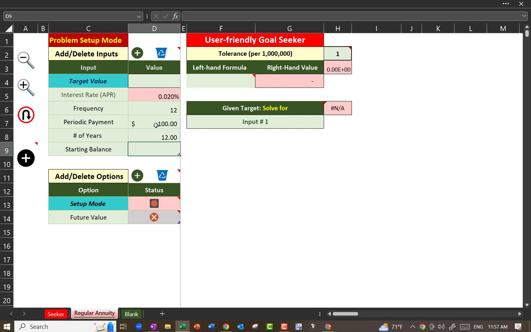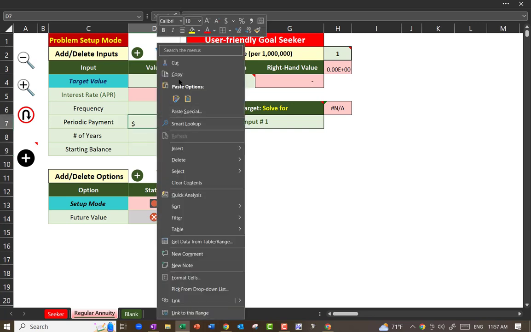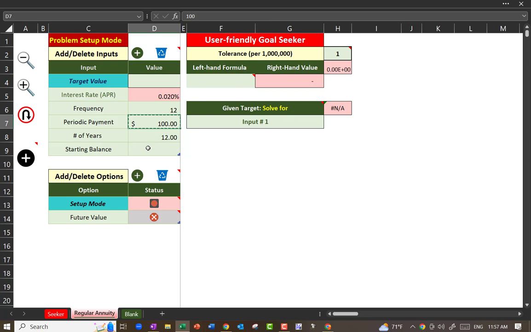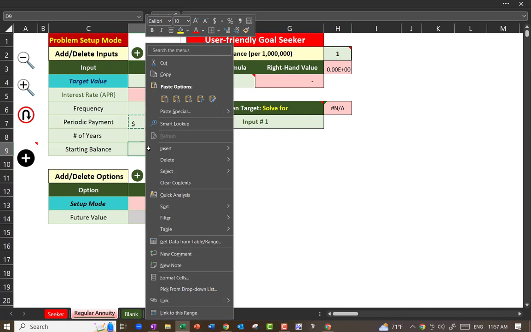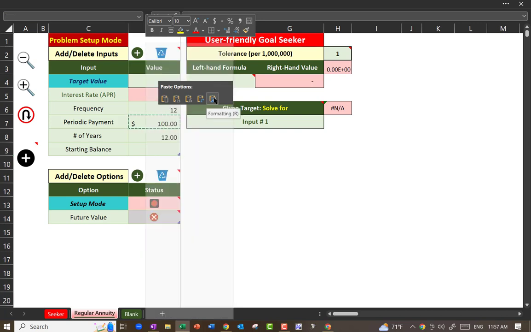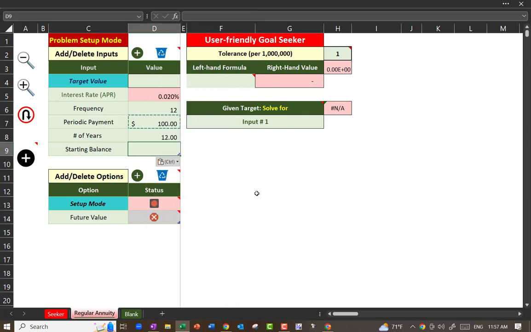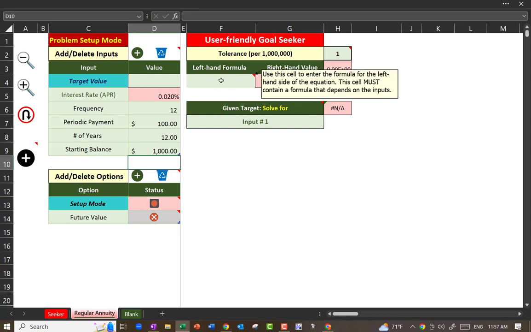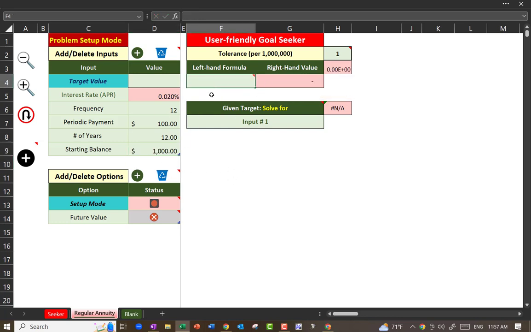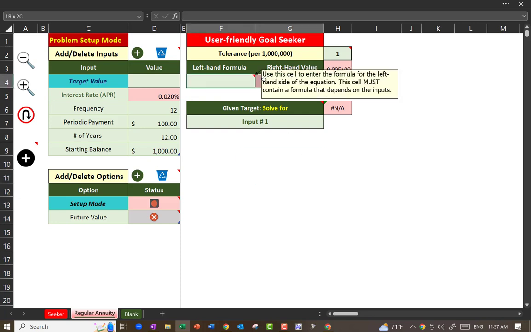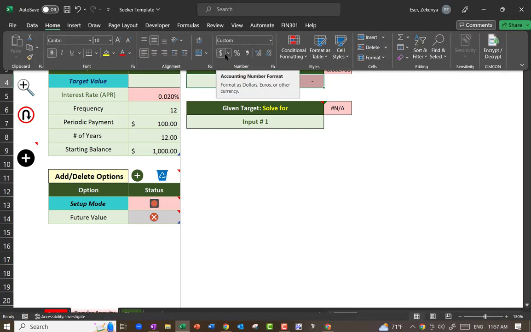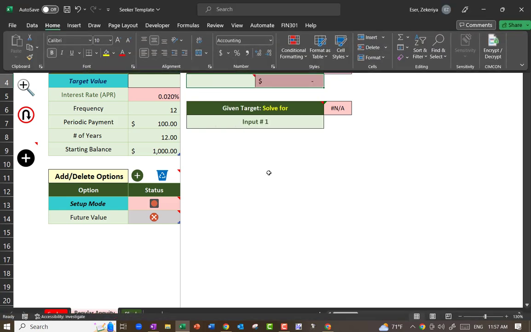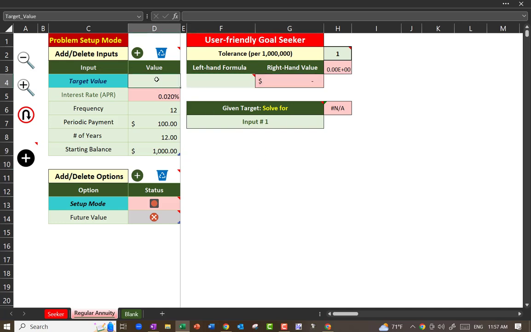Right click, click this formatting button. And I want these to have the same number formats. I don't want to change their underlying color, so I'm going to make them same thing with target value. For now, I'm going to put 1000.